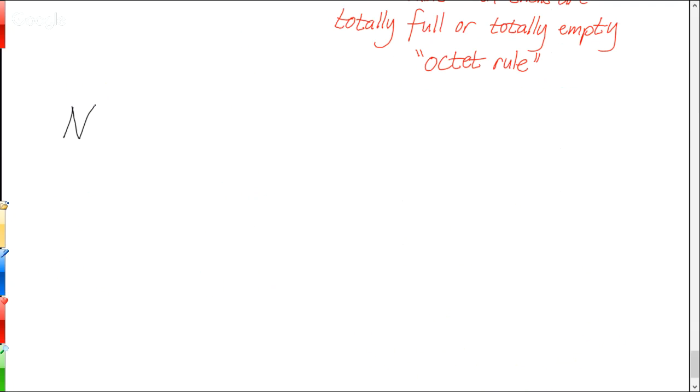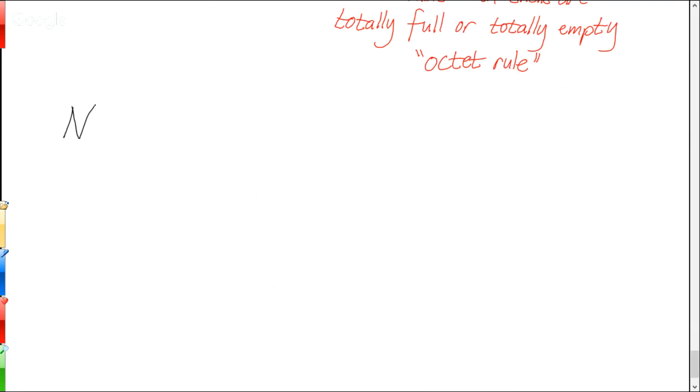Yeah, so if you remember from Tuesday, we can look at the periodic table and see that nitrogen is in group 5A, which tells us what? What does that 5 tell us? There are 5 electrons in its valence shell. If there are 5 electrons in its valence shell and it wants that shell to be either full or empty, it can either lose those 5 electrons or gain 3. 3 is less than 5, so it's more likely to gain 3.